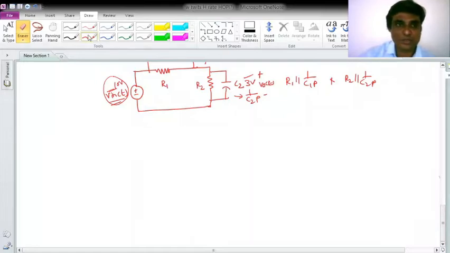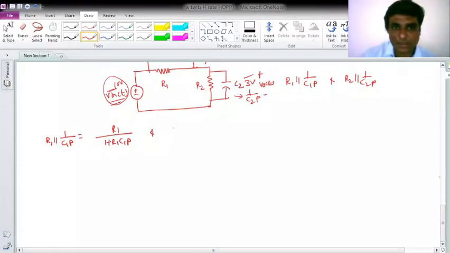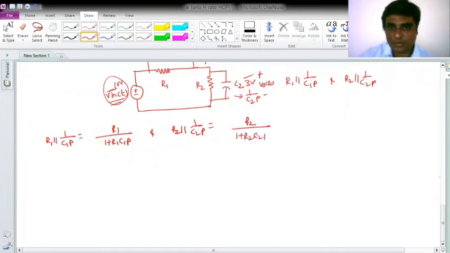So what I can write is that R1 parallel with 1 over C1p, I can write as R1 over 1 plus R1 C1p, and R2, if it is parallel with 1 over C2p, I can write as R2 over 1 plus R2 C2p, and now I can express V0 of t as the system operator applied on input voltage Vin of t.